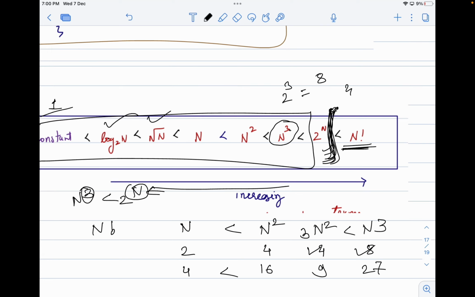Suppose it is 4, 4 into 4 into 4, 3 times, 16 into 4, 64. So you need to optimize your code with this complexity if it is possible. If it is not possible, then the complexity will be the best or worst. That part we will think about or observe later on.